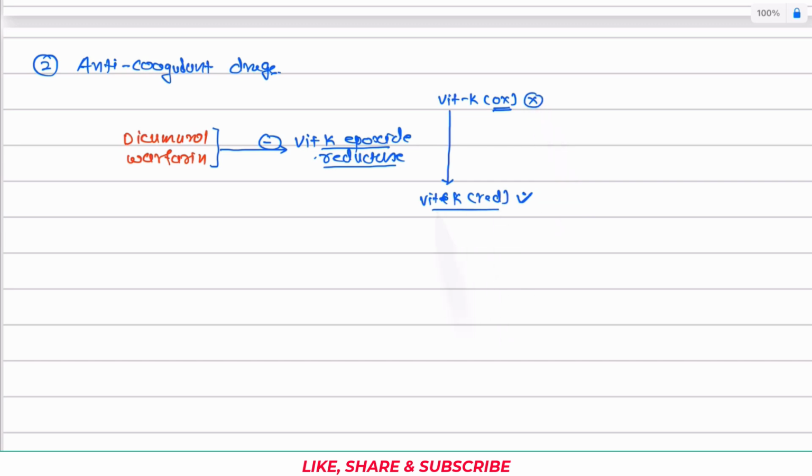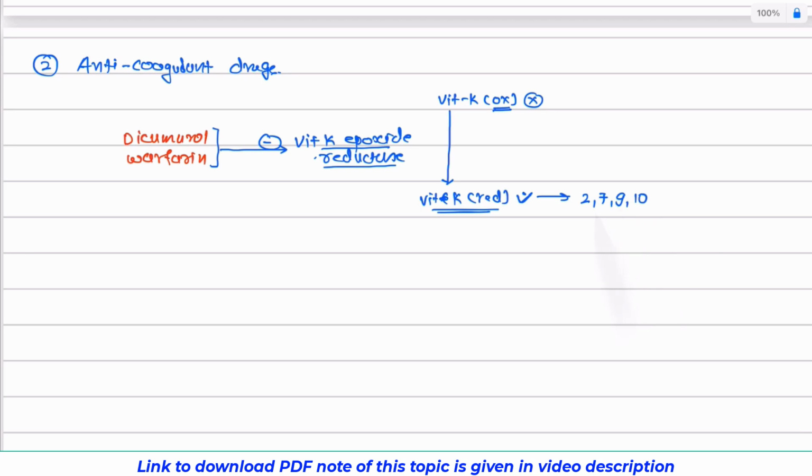And this reduced form of vitamin K is useful for the activation of coagulation factors number 2, 7, 9 and 10, and so these factors cause the clotting of blood. Now this dicumarole and warfarin both are structural analogs of the oxidized form of vitamin K. So they competitively inhibit vitamin K epoxide reductase, and because of this inhibition, these coagulation factors will not form and clotting will not occur. So in a patient where hypercoagulability is seen, these drugs can be given.